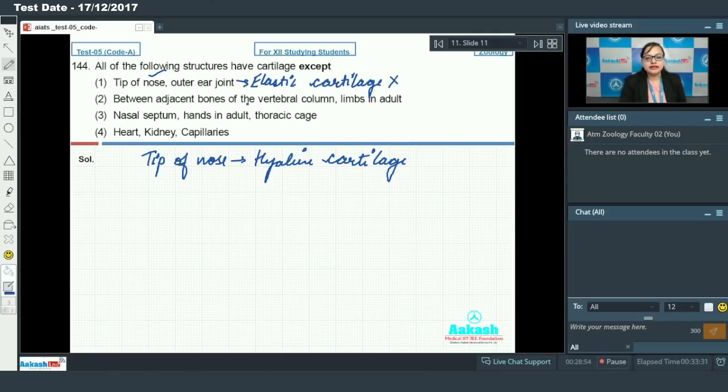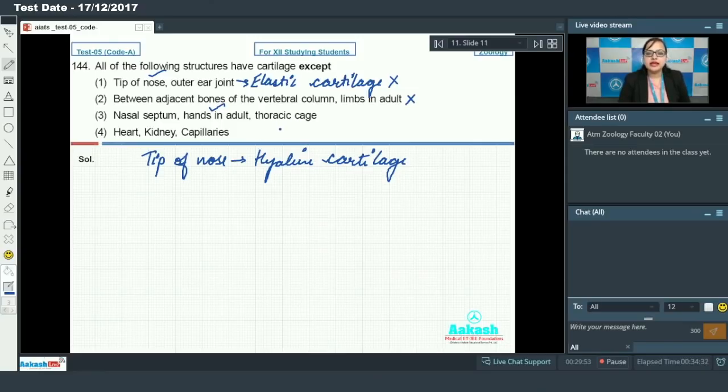Option 2, between the adjacent bones of vertebral column there is white fibrous cartilage. And the second example which is given is limbs in adults. You know that the ends of limbs have articular cartilage which is actually hyaline cartilage. So both of these structures have cartilage, so this cannot be included in our answer. Option 3, that is nasal septum, which is made up of hyaline cartilage. Hands in adults, the end of the bones, have articular cartilage, so this structure also has cartilage.